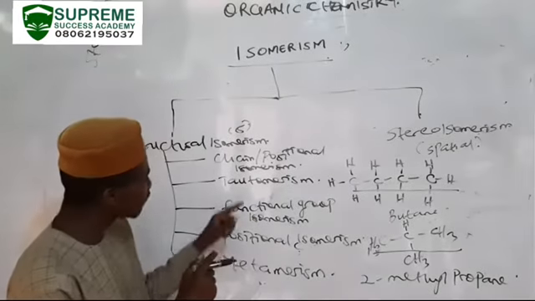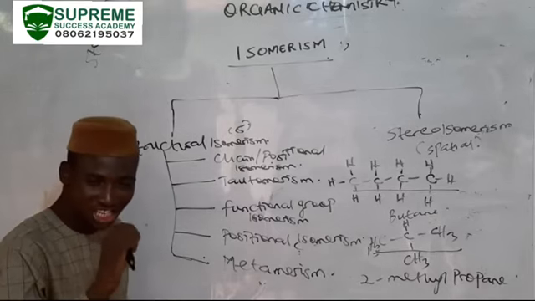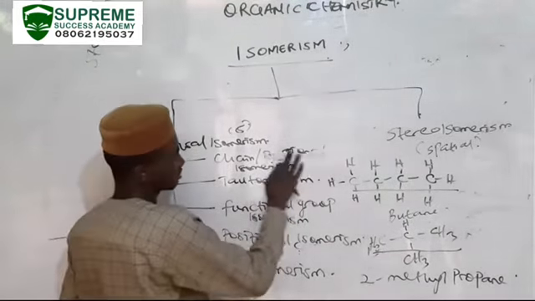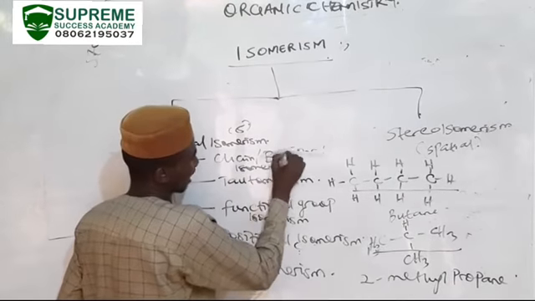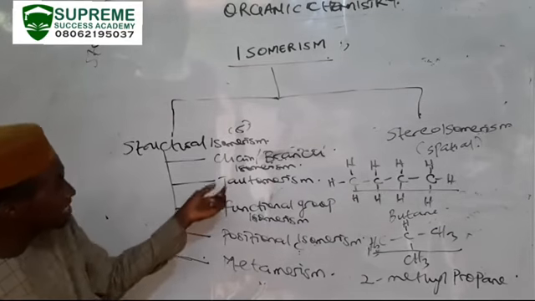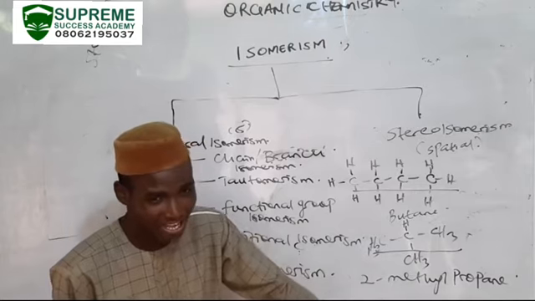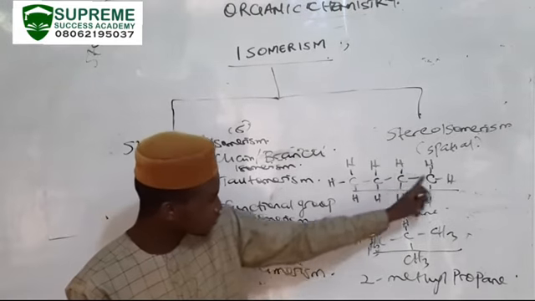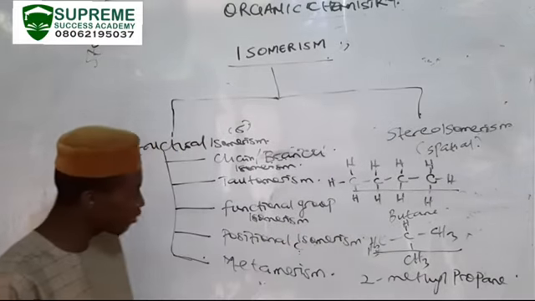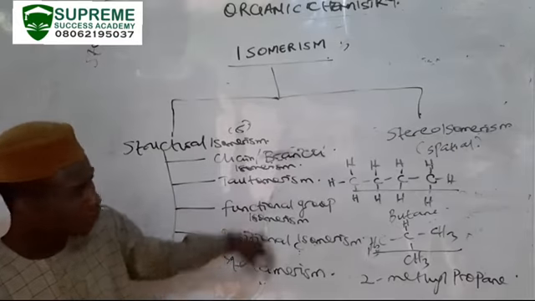So there has been a difference in the chain length. That is why it is called chain isomerism, or branch isomerism. And why is there a difference in the chain length? It is because there has been a branch. This thing is no longer moving straight. Before it got to the 4 carbon, it has branched. So chain or branch isomerism is due to a difference in the chain length of the compound.